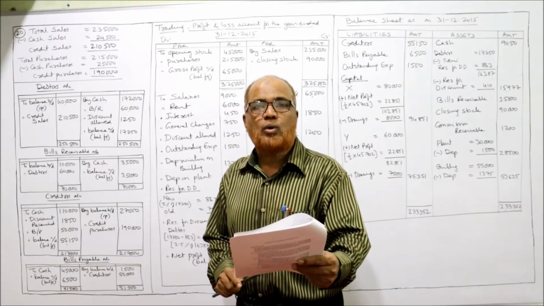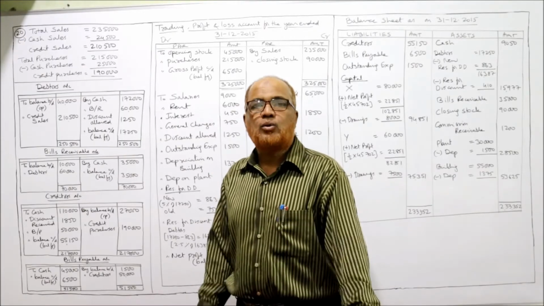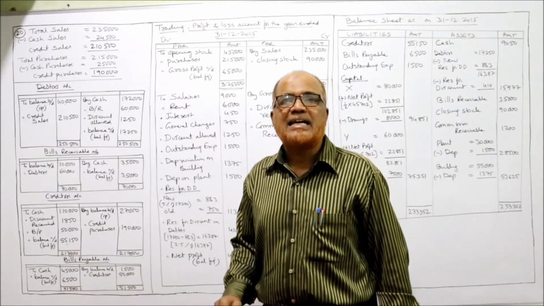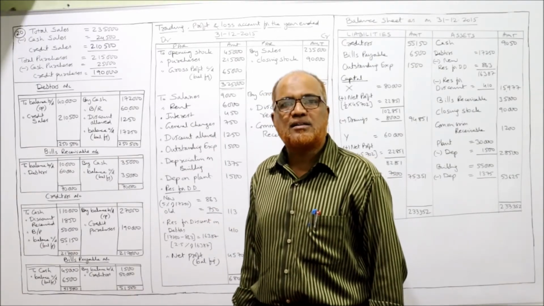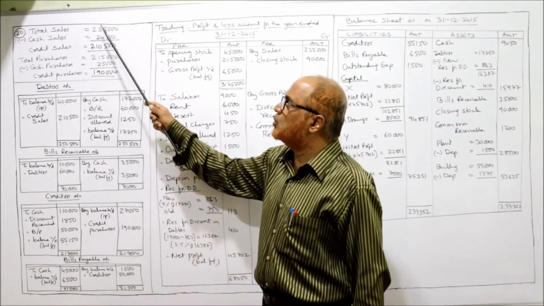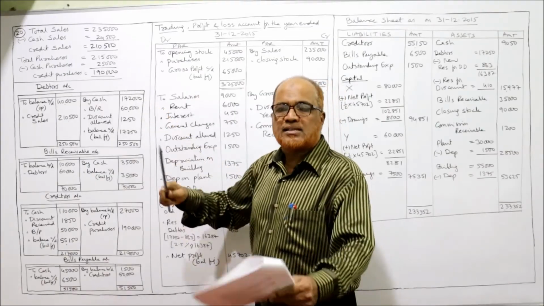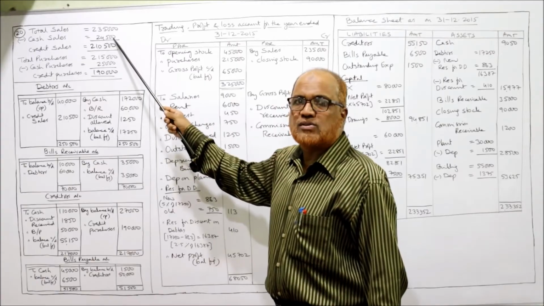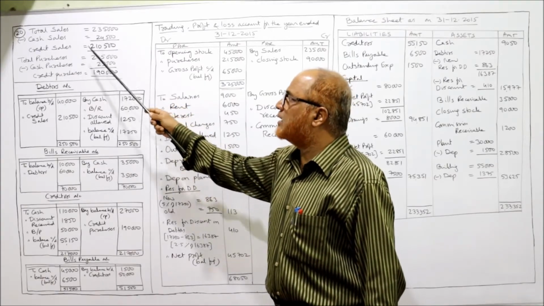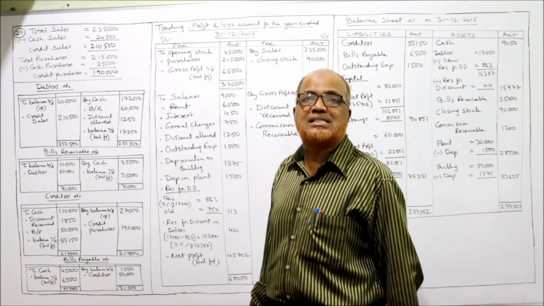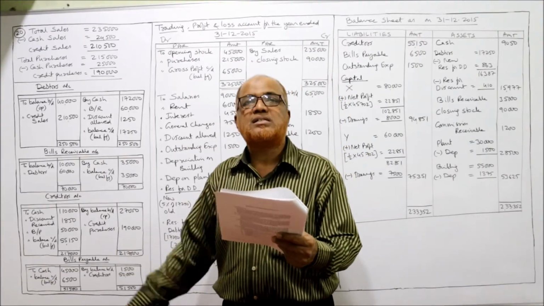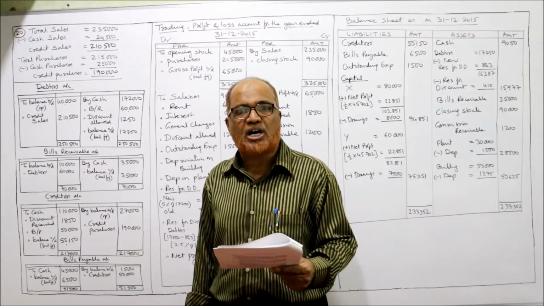Similarly, total sales are 2,35,000. From total sales, if we deduct cash sales, we'll get the credit sales. Whereas the cash book shows cash sales are 24,500. Deduct 24,500, 2,10,500 are the credit sales. That's all. Next, discount allowed to customers. Customers means debtors.